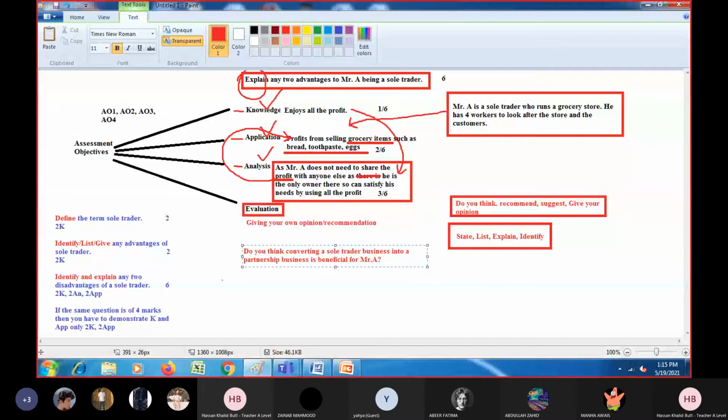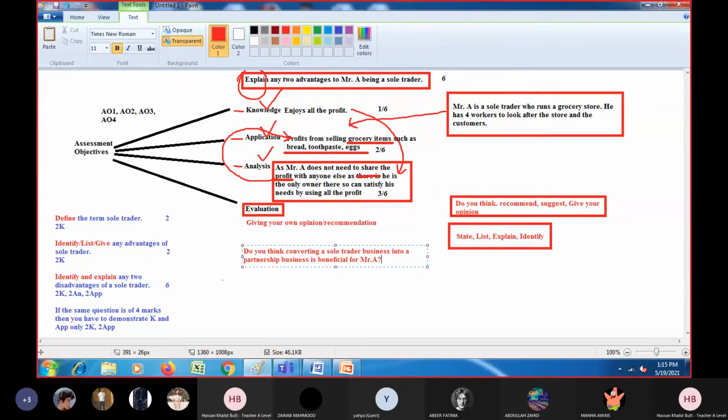Now, I am using very simple concepts, sole trader and partnership, and I believe that you already know about it. Anybody who is not familiar with the sole trader, you understand, where there is a single owner who enjoys all the profits and takes all the decisions, right? Who has overall responsibility on his or her shoulders.